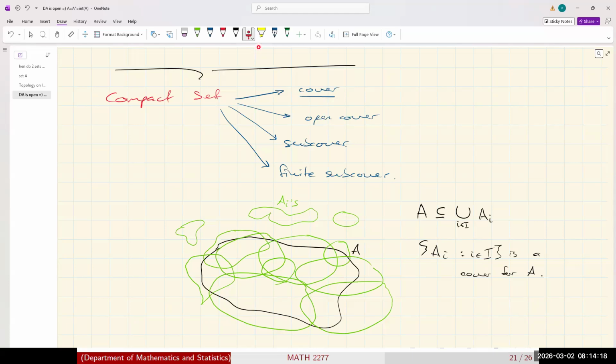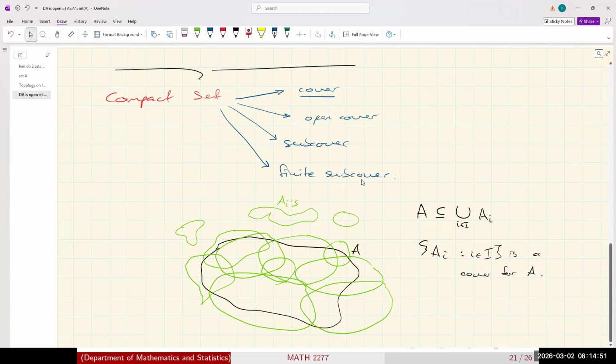All that we require is that the set A be contained somewhere in the union of those sets. The cover I drew here is a finite number of sets, but there's no restriction on how many sets are in the cover. There could be infinitely many sets used to make a cover. So that is what a cover is.